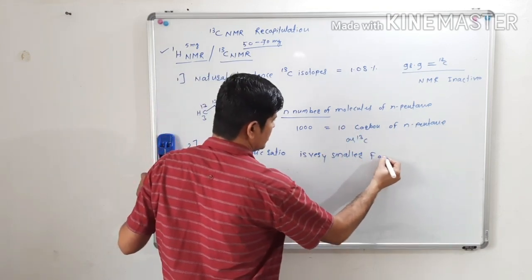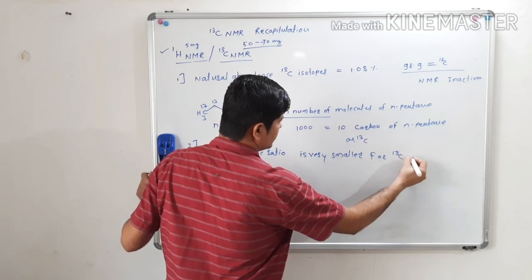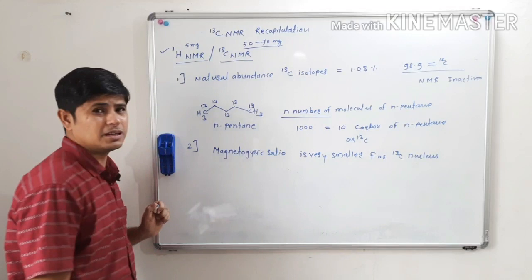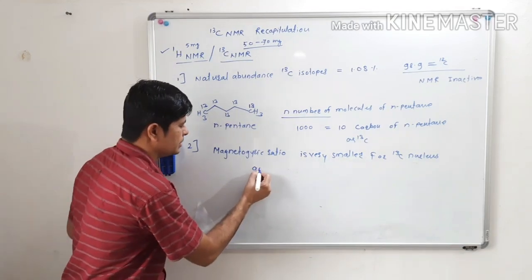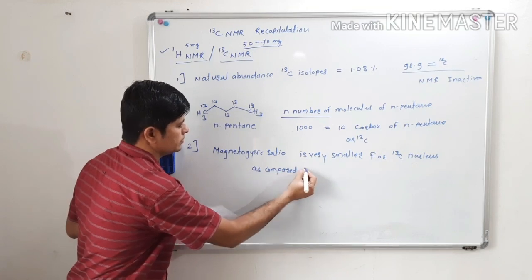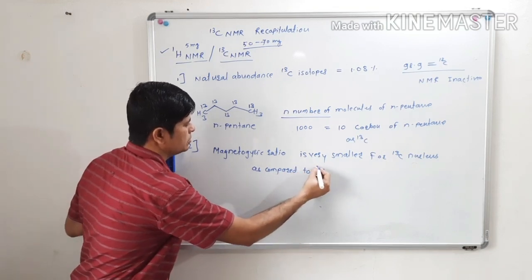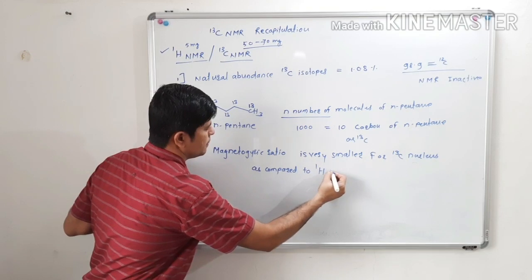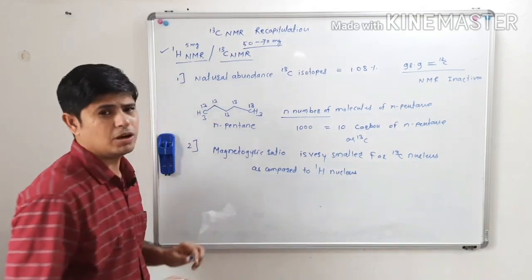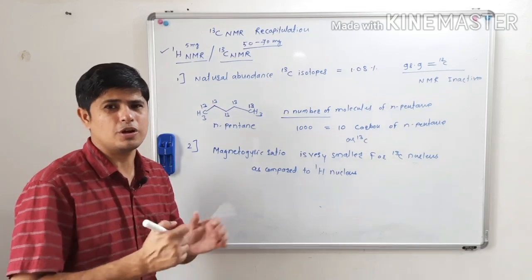for the carbon-13 nucleus, very small as compared to the 1H nucleus, that is the proton nucleus.